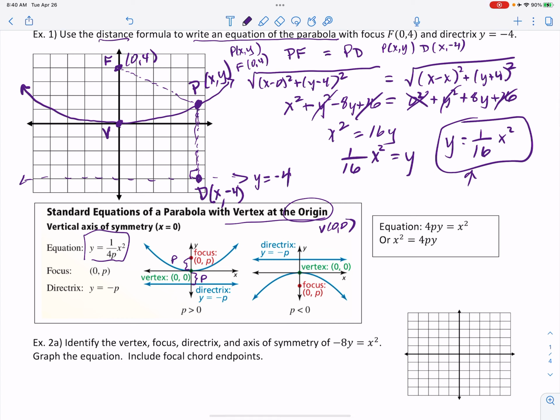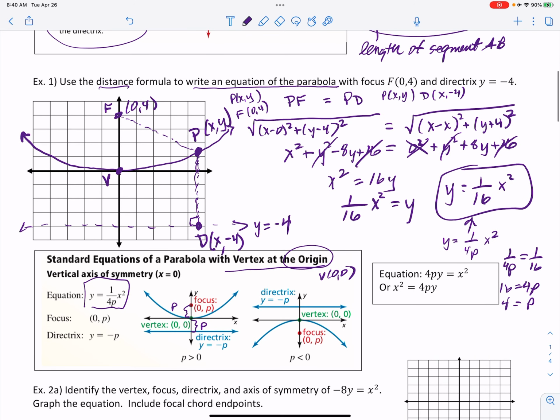Right up here, if we compare this to y equals 1 over 4p x squared, that means the 1 over 4p is the 1 over 16, or 16 is 4p, and p is 4. And so up on this example 1, the distance from the vertex to the focus is p units.